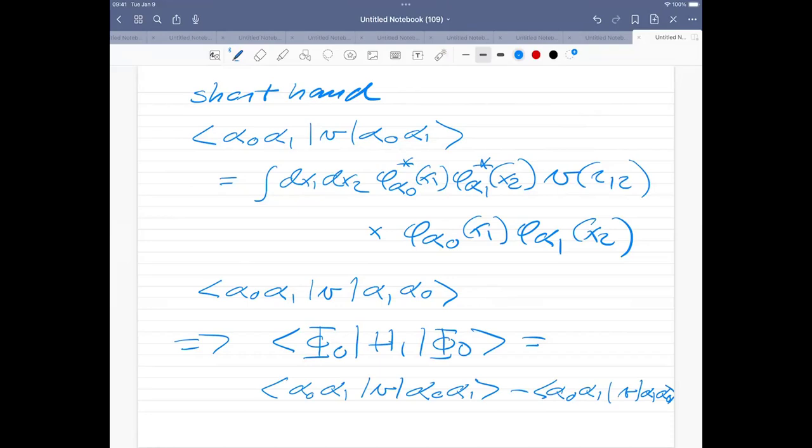So these are two integrals, and they have names. In this case, we would typically call this the direct term. When we do Hartree-Fock theory, it's normally called the Hartree term. And this integral here is called the exchange term, and that follows from the Pauli principle.